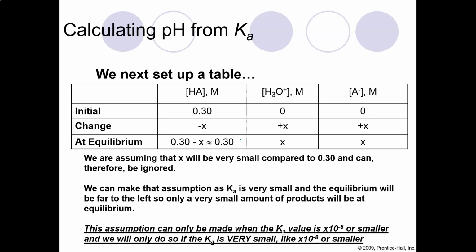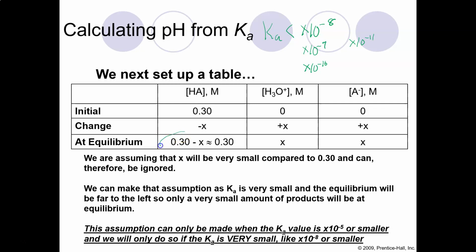If your Ka, your equilibrium constant value, is a times 10 to the negative 8th or smaller, so times 10 to the negative 9th would be smaller, times 10 to the negative 10th would be smaller, times 10 to the negative 11th would be smaller, we can do this shortcut. And the shortcut is getting rid of trailing x's.